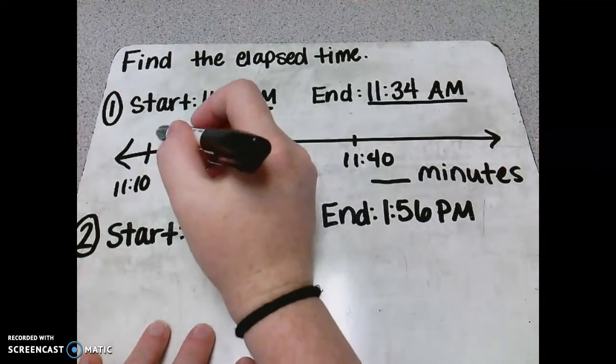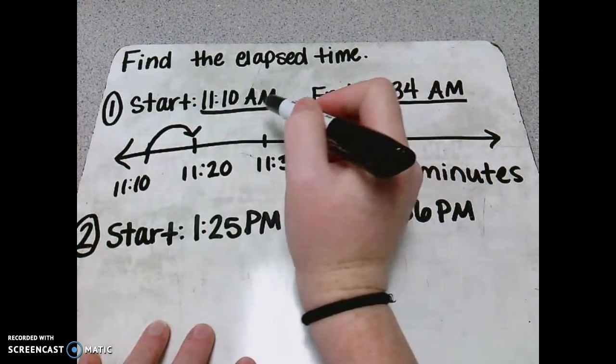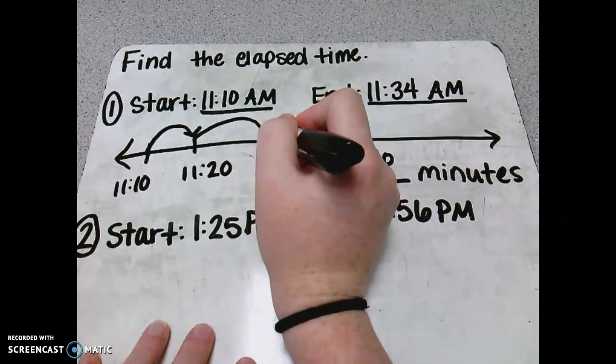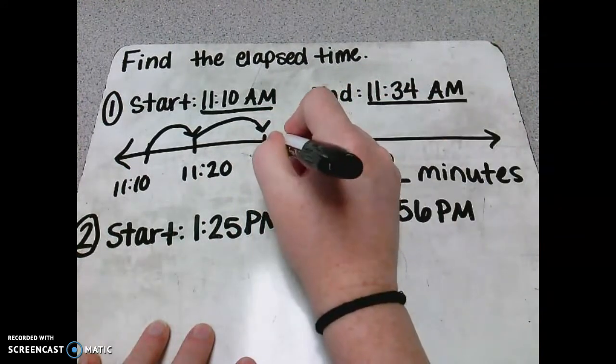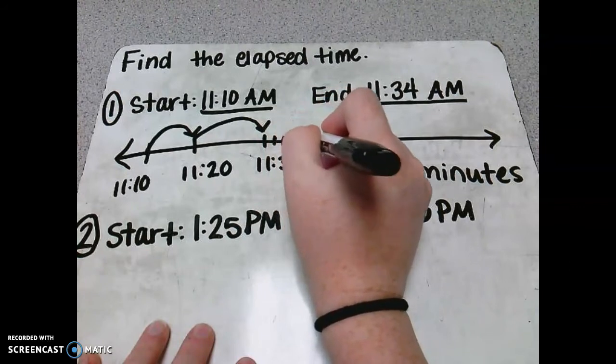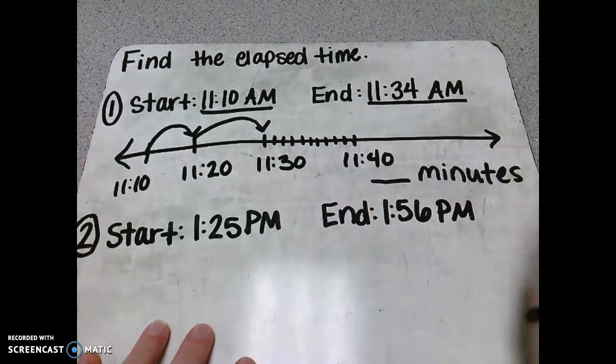Okay, so let's jump from, we have 10 minutes to here, 10 minutes to here, and then we need to count to 4. 1, 2, 3, 4, 5, 6, 7, 8, 9, that's 10.